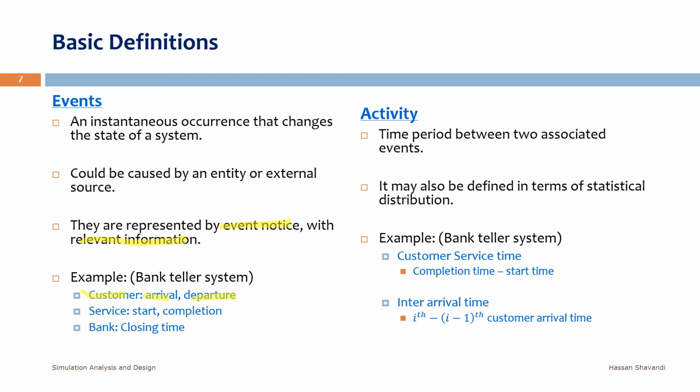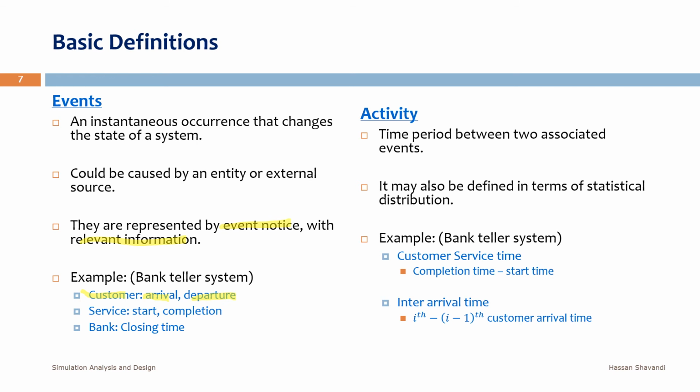The number of customers in the system will be increased by any arrival. And the departure of the customers, again, is an event, and an occurrence of this event again will change the system status. The number of served customers will be increased by any departure.